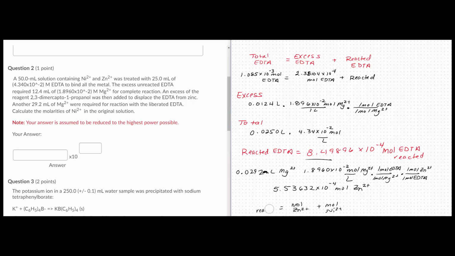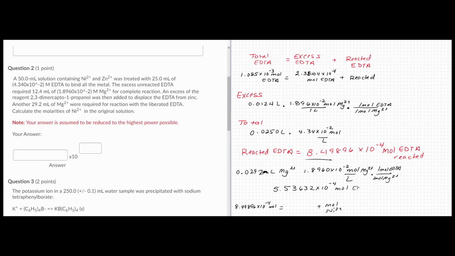Now the total reacted EDTA is going to be 8.49896 times 10 to the negative 4. And again, that's moles of EDTA that reacted with the original solution.